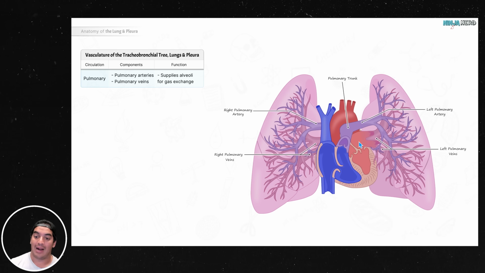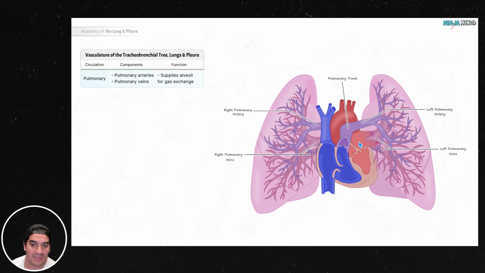To allow for proper gas exchange. Deliver CO2 to the lungs via the pulmonary arterial system. At the alveoli, oxygen goes into the blood, CO2 goes out, and then blood comes back to the heart via the left heart, the left atrium and the left ventricle, and goes all the way to the rest of the body. It's going to bring that oxygenated blood back.